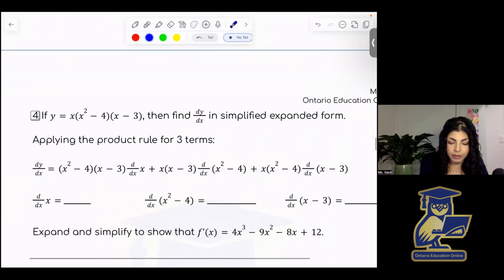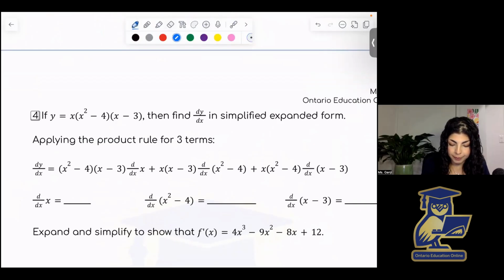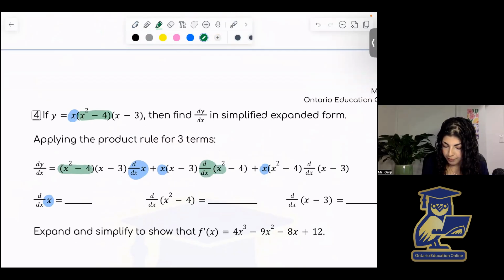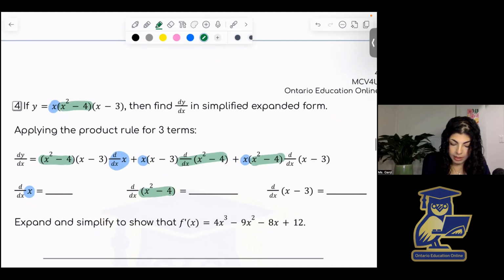So the first function being, maybe let me highlight again, x, and then we have x squared minus 4, and then x minus 3.